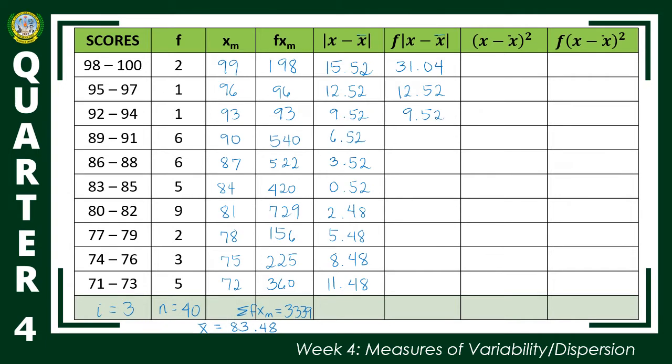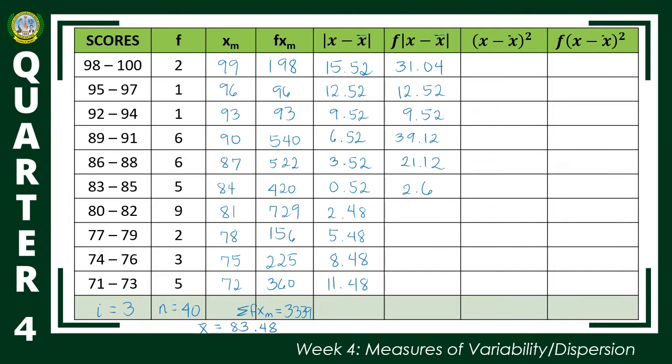And then 6 times 6.52 is 39.12. And then 6 times 3.52 is 21.12. Next is 5 times 0.52. We have 2.6.